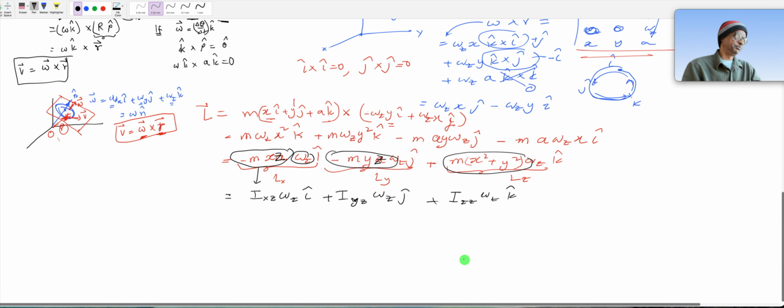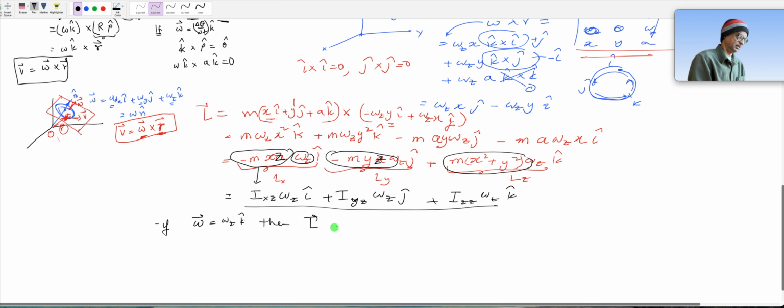So we figured out that if omega is omega z k hat, then the L vector is like that, and it's not along the angular velocity direction.